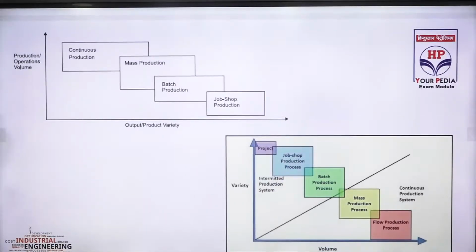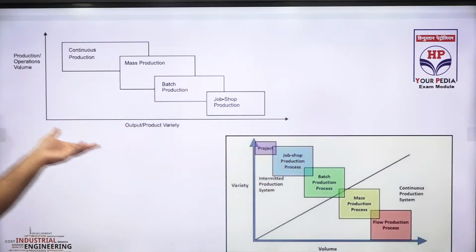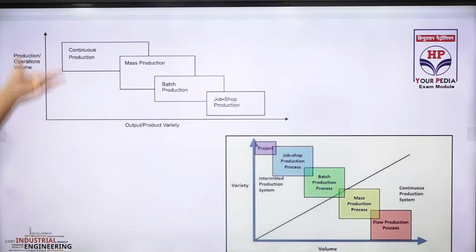Now see, this diagram is also a very important diagram: production volume and production product variety. On this side variety is increasing, on this side quantity is increasing. In continuous production, quantity is more and variety is less. Similar kinds of products I'm making.